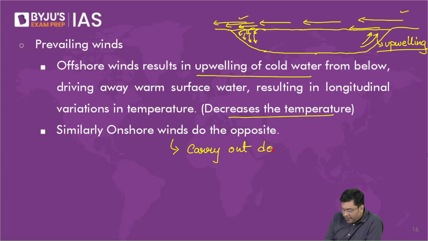Now, when you have onshore winds, they drag the surface water and force it downwards, and that is downwelling. Downwelling will mean the accumulation of warm water.